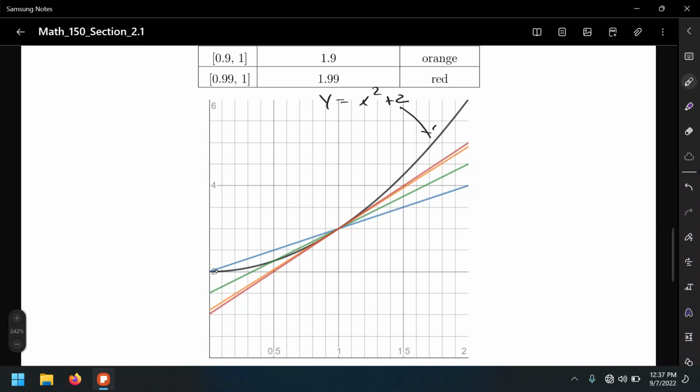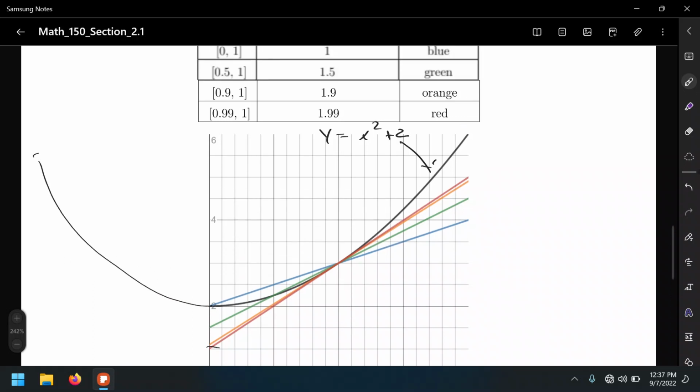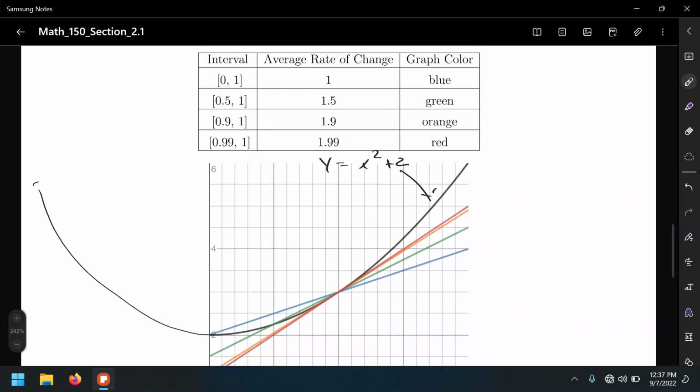And it continues its counterpart on the left-hand side of the y-axis.